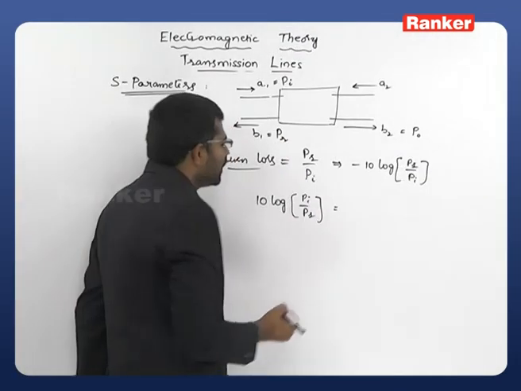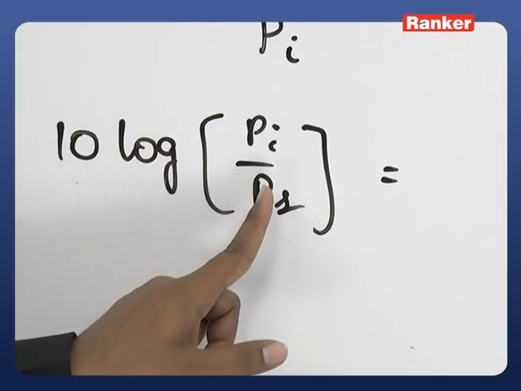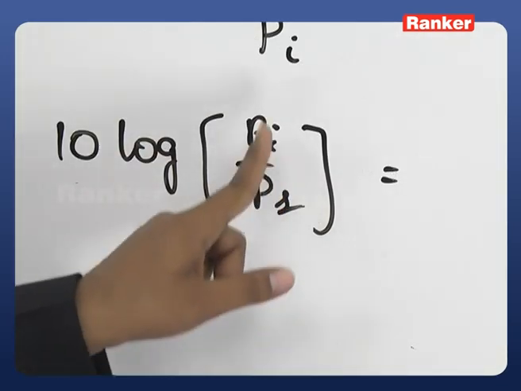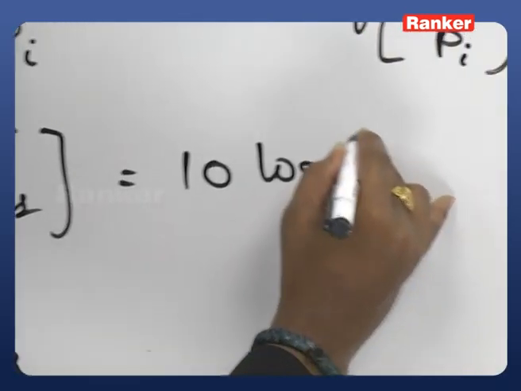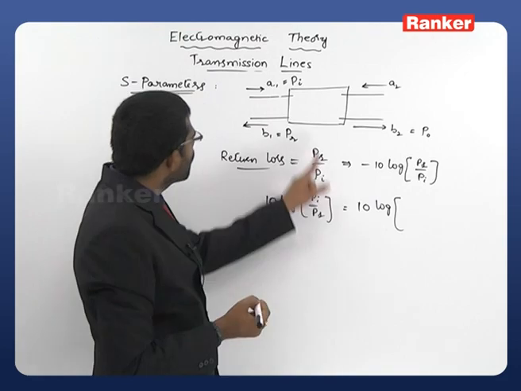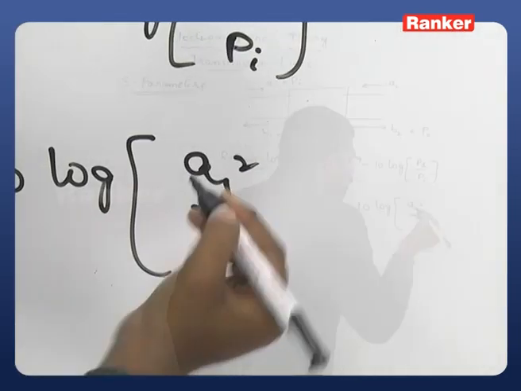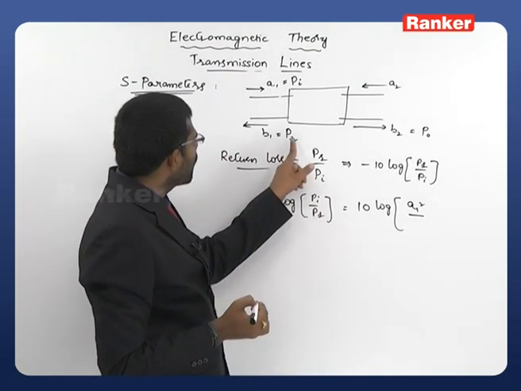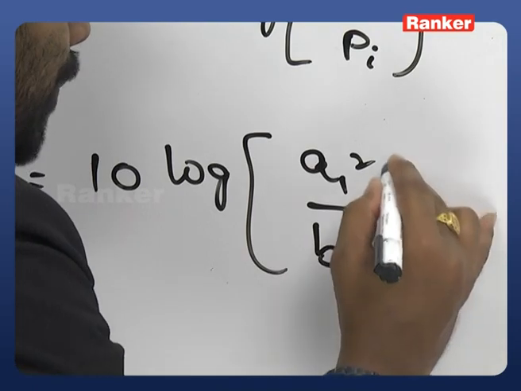As I said, the parameters we have are the field strengths or voltages, but here what we are observing or using is the powers. So directly relate them, which is equal to 10 log, how can you write down that one? Pi, instead of Pi you can write down A1 square, right? So A1 square divided by, what is PR? Instead of PR you can write down B1 square. So A1 square by B1 square.